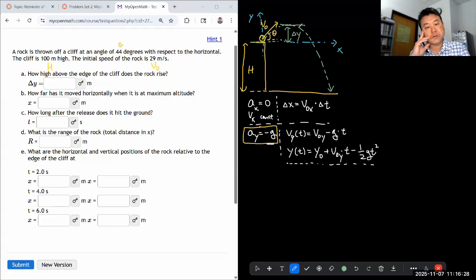There are some conditions given subtly in the statement of the question that you have to learn to recognize and apply. Whenever you are looking for the highest point, like when the question asks how high above, what it's telling you is that at this position, your speed in the y direction is 0.